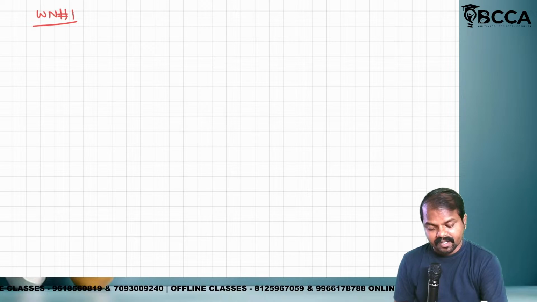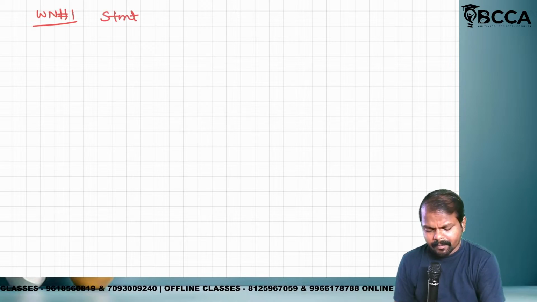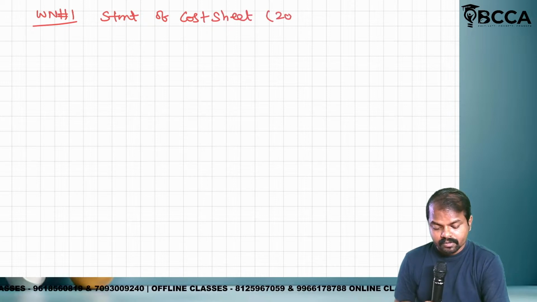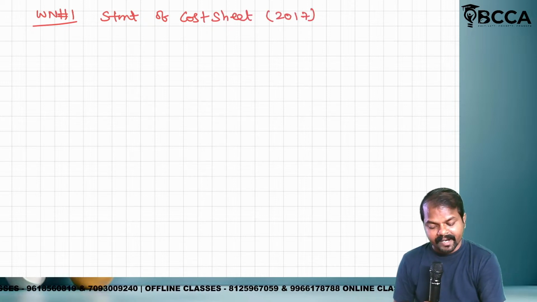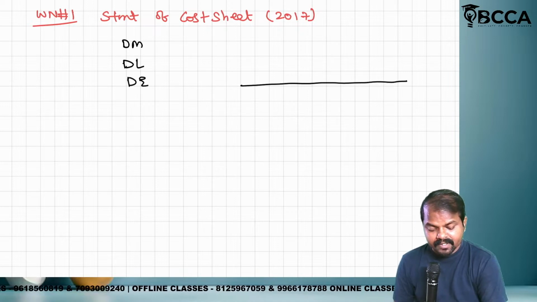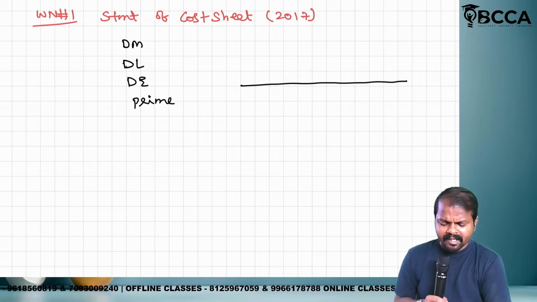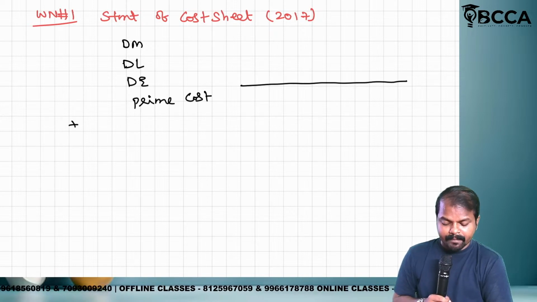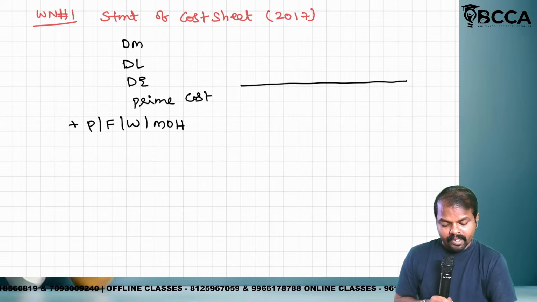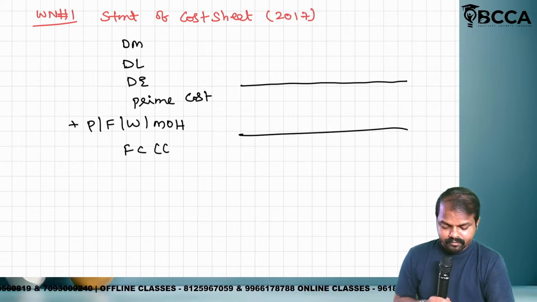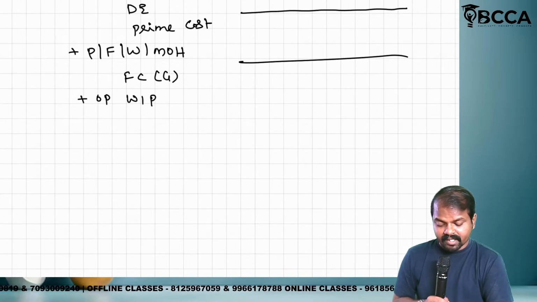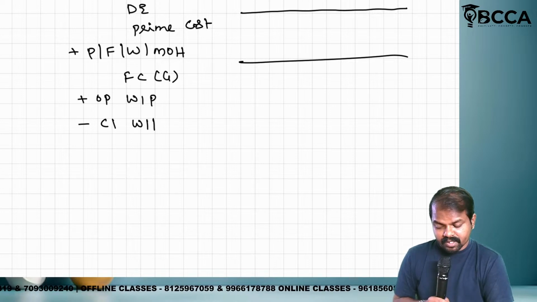Calculation: statement of cost sheet for 2017. Now the format. DM, DL, DE. The result is prime cost, plus factory or works overhead. The result is factory cost gross, plus opening stock of work in progress minus closing stock of work in progress.